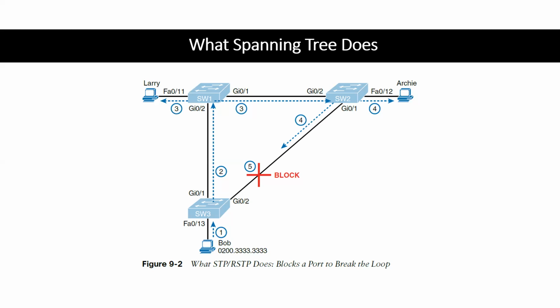If we're going through the process of convergence, we picked our root switch and our root ports, and we also need to choose our designated switch. What is our designated switch?